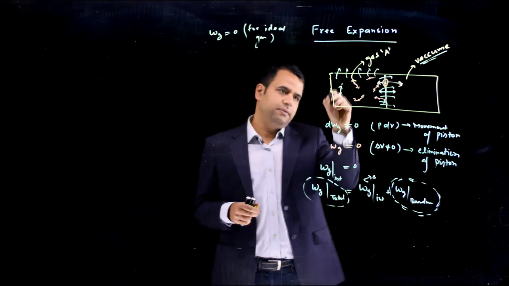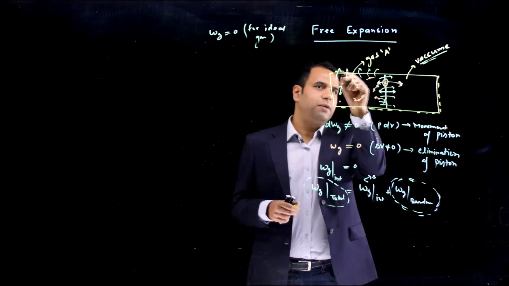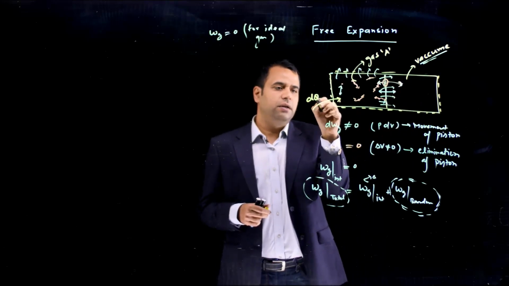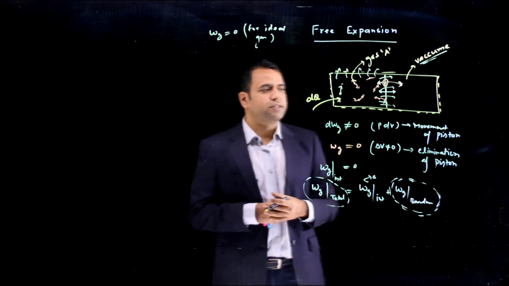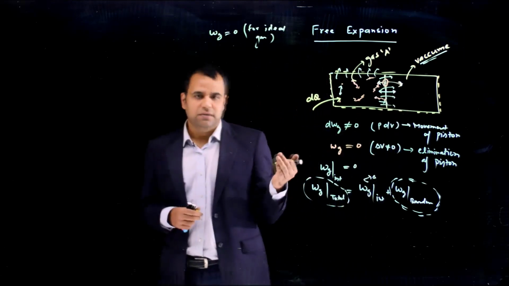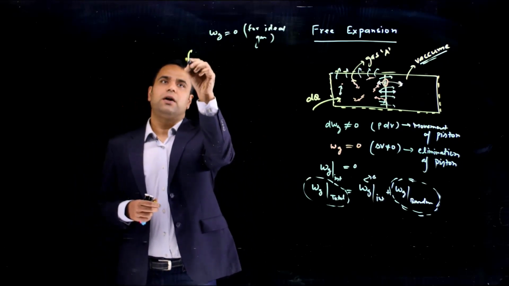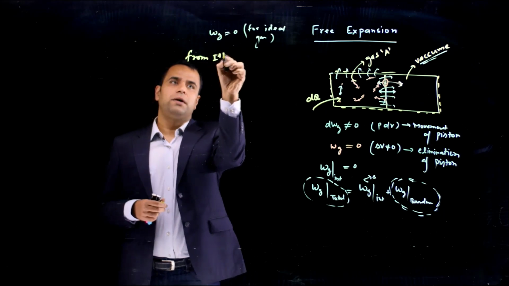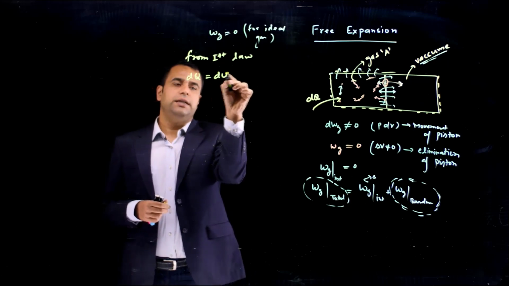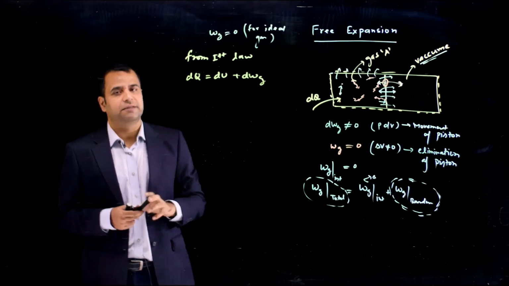So if work done by the gas is 0 there, obviously the first law of thermodynamics is always valid. There might be some transfer of heat to the system. Corresponding to that transfer of heat, there is some work done and the remaining part is used for change in internal energy. So from the first law, it is dq = du + dwg, meaning I am applying the first law for free expansion.